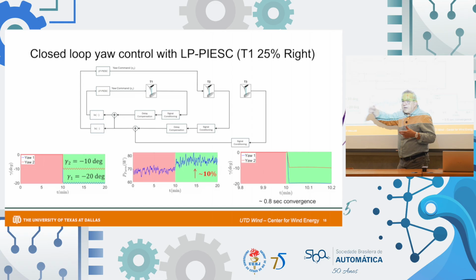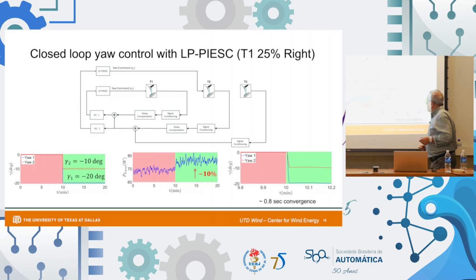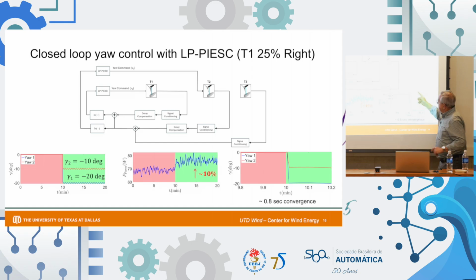We let the dither run all the time, but we can stop it once we know we have converged. So these are the yaw angles. This is the power signal, and this is a zoom in of this region, so that you can see again the convergence speed of the LPPISC.